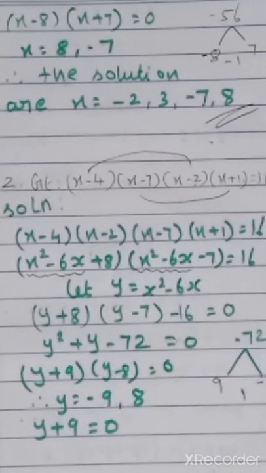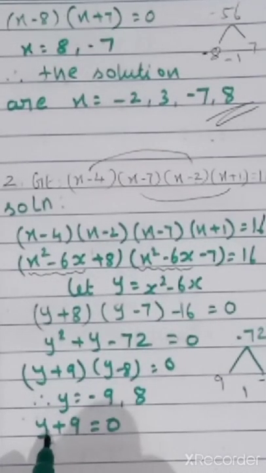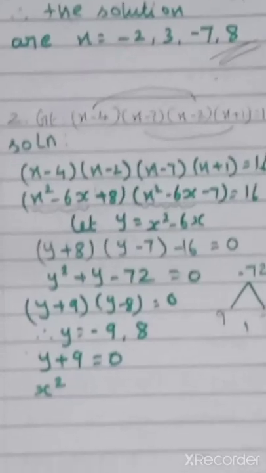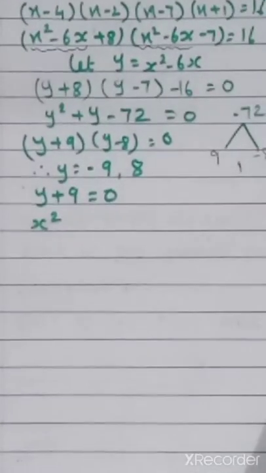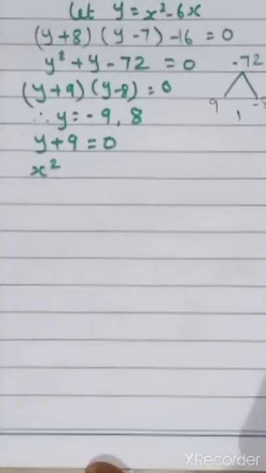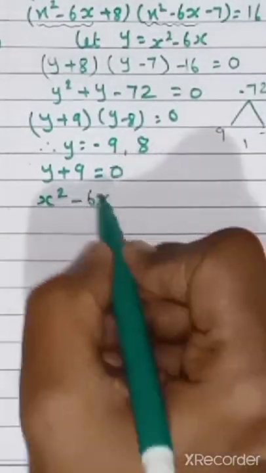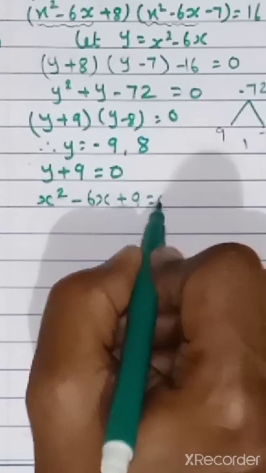Now we can take the first term, y plus 9 equal to 0. Now what can you take? Replace your y value. So what is your y value? x square minus 6x. Correct? x square minus 6x plus 9 equal to 0.